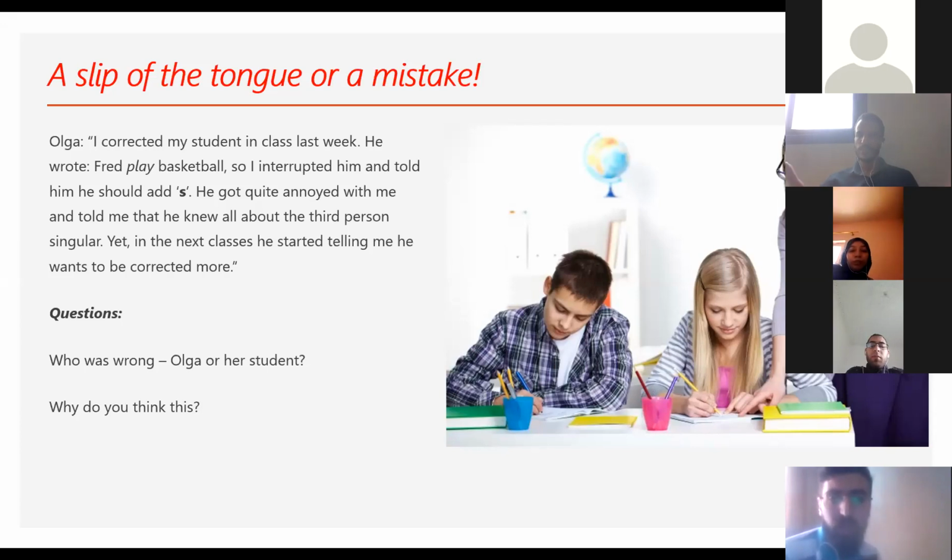After Adil, Asma. Okay. I think, sir, that Olga shouldn't have corrected her student in that way. I think she may correct him in a polite way, or in a way that he can accept. Interesting. Good. Asma.